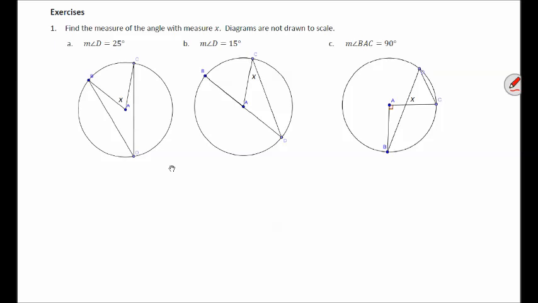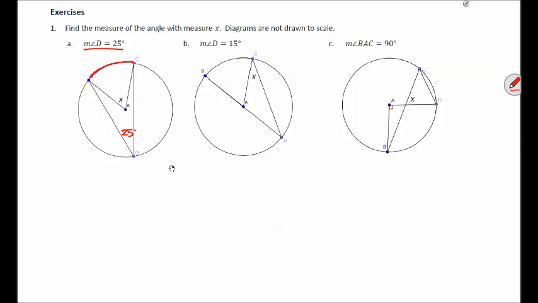All right, I'm now on the exercises on page 32, and I'll go through some of these. Okay, first of all, in 1A, we are given that the measure of angle D is 25 degrees. Okay, this is an inscribed angle because the vertex is on the circle. Now I just learned that the inscribed angle is half of the arc.